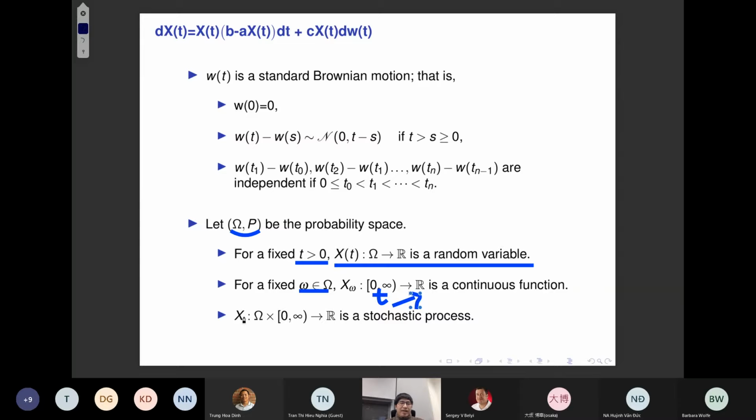If we consider x as a function from omega times [0, infinity) to the set of real numbers, then we have a stochastic process. I'm talking about this special case, and then we'll generalize to our model.